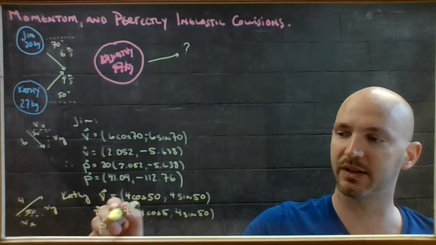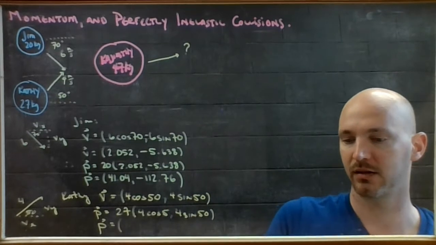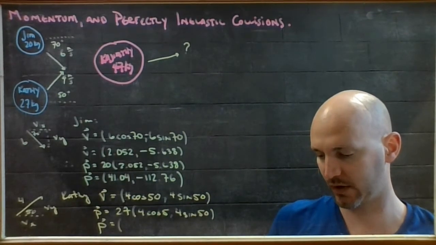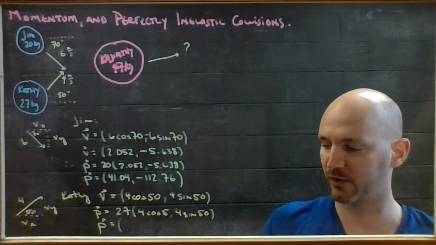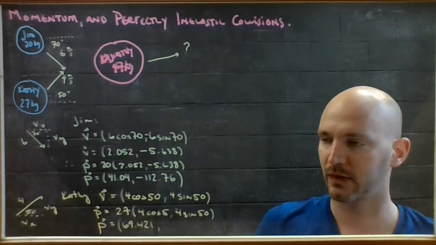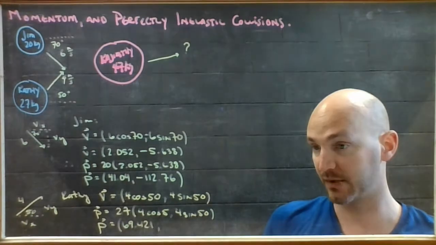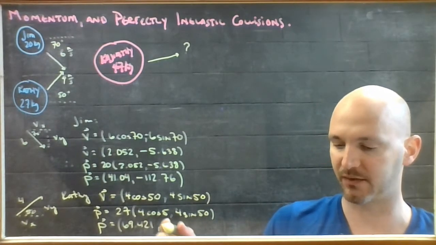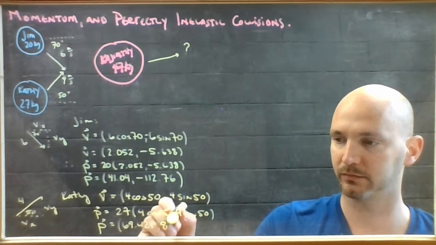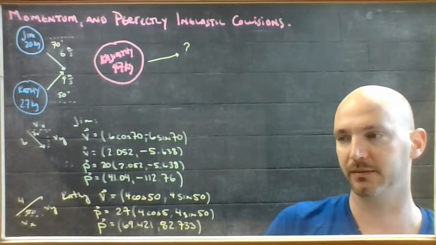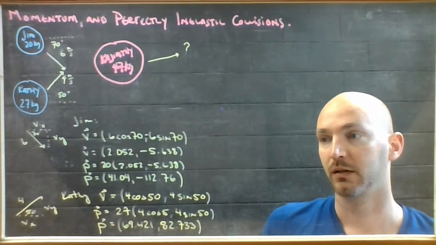And if I do all this all at once, let's see, 27 times 4 times cosine of 50 gives me 69.421. And 27 times 4 times the sine of 50 gives me 82.733. All right. Good.